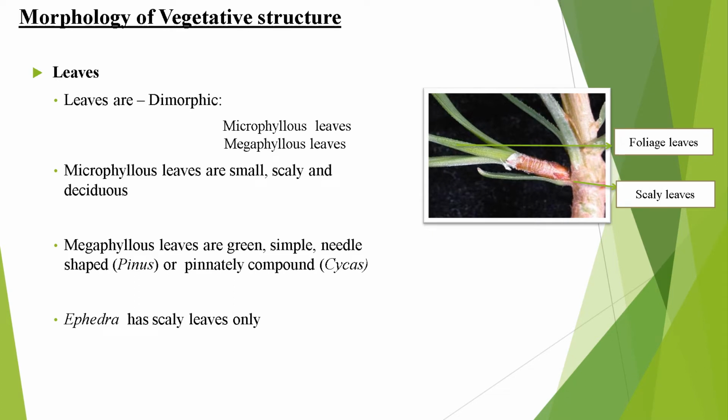As name indicates, these are comparatively large, simple, and are needle-shaped in pinus or pinnately compound in cycas, but in case of ephedra, scaly leaves are present. This is the picture of pinus twig. Here in dwarf shoot, base area is covered with scaly leaves, which is further terminated with green foliage leaves, or we can say with needles.